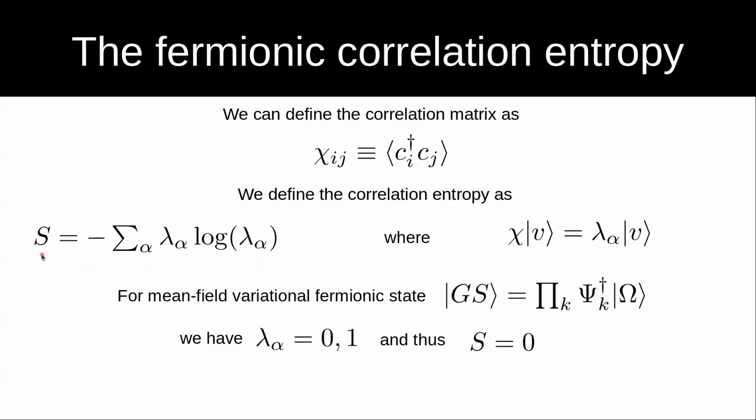In practice, if the entropy is 0, then it was. And if the entropy is non-zero, then your many-body ground state is not a product state, but it's something else. So in a way, this entropy allows you to know if you have a product state, or some state that can be described using mean field theory, or if you have something that cannot be described using mean field theory.